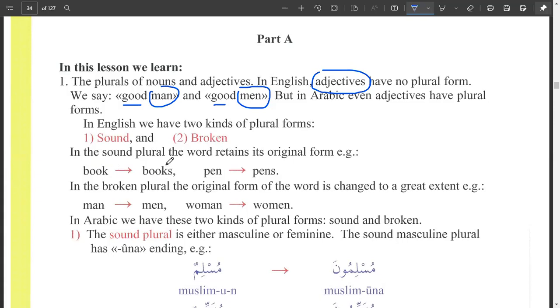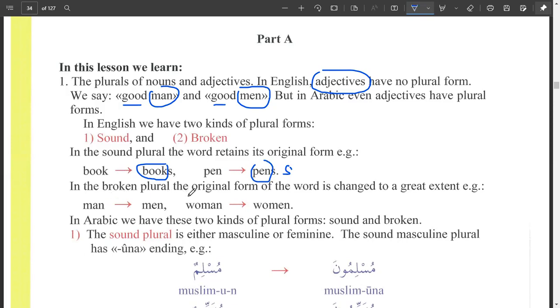Book is still there in books. We only simply add s, so it becomes books. Pen, pens. Pen is retaining its original form, and we just add an s at the end of the noun. So we call them sound plurals.